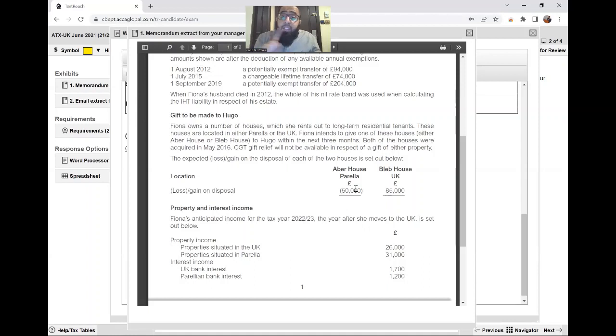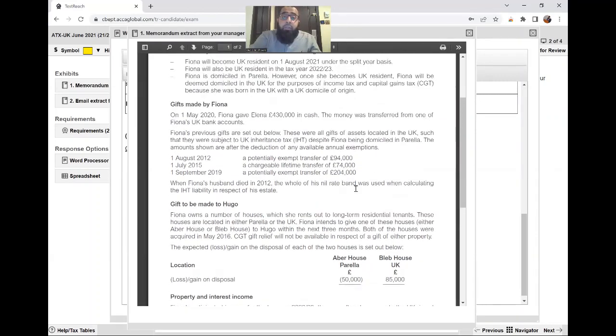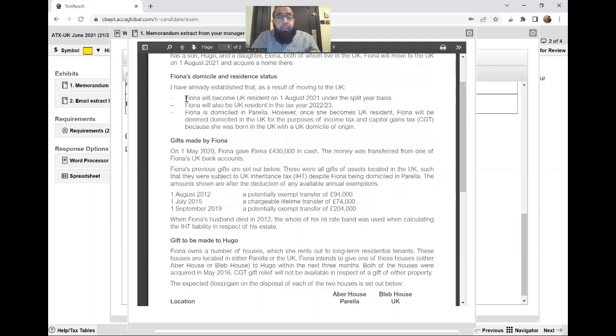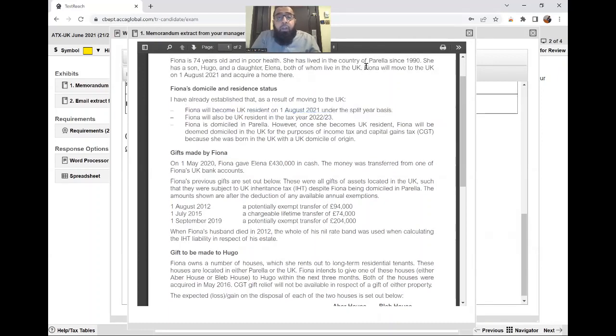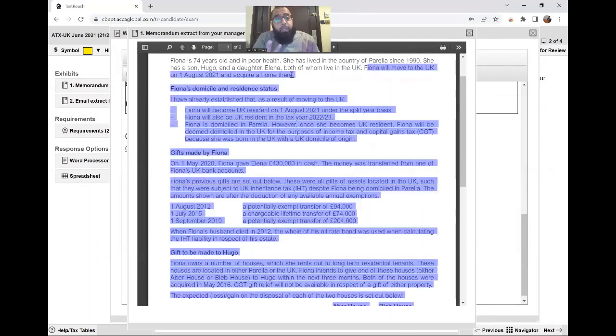But if a person is not a UK resident, he only assesses UK gains and losses. If you look at Fiona, Fiona will become UK resident on 1st August 2021 under split year basis, and she will move to UK on 1st August 2021.